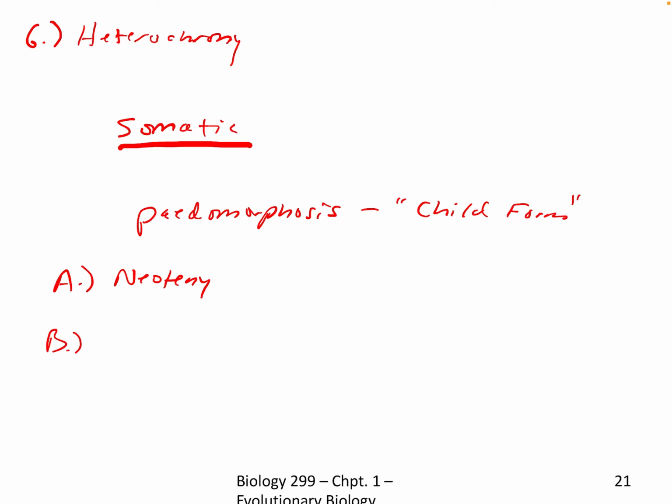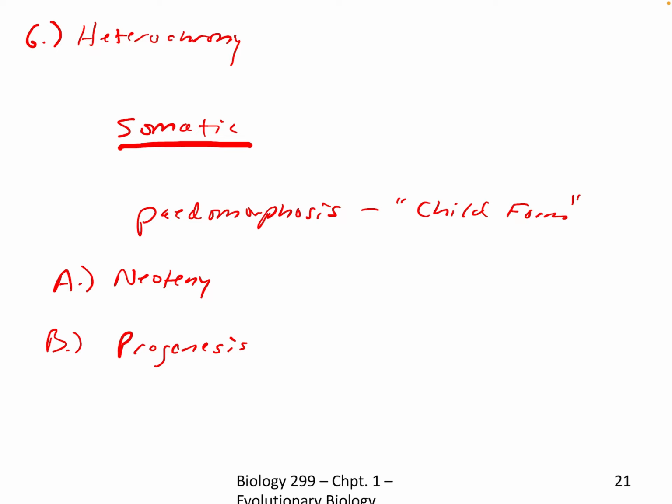The other way that paidomorphosis can occur is through what's called progenesis. In progenesis, you have the reverse situation: you get accelerated development of reproductive organs relative to somatic characters. Somatic development doesn't speed up here; it's development of reproductive organs or systems that speeds up.